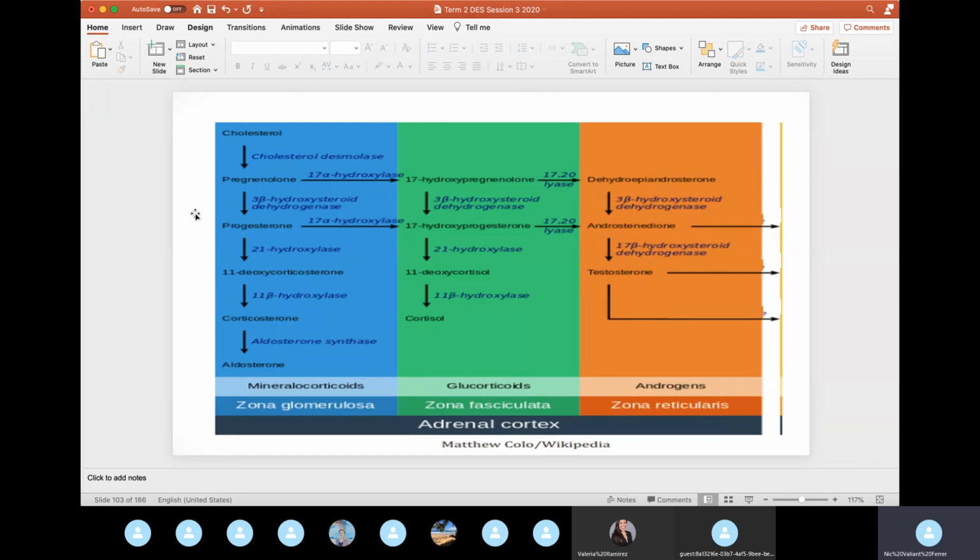And for ambiguous genitalia, since you don't have any, there's no 1. So it can only be 17. That's a technique, okay? How about, let's say, the patient doesn't have hypertension, normotensive. You have a normotensive patient, but the patient has ambiguous genitalia. What kind of CAH does the patient have?